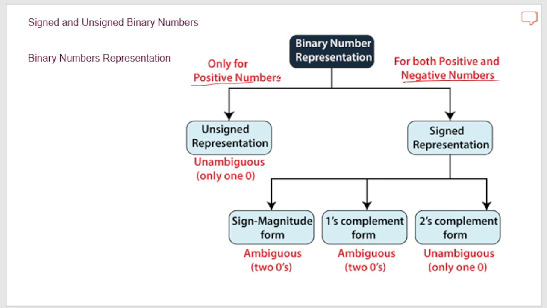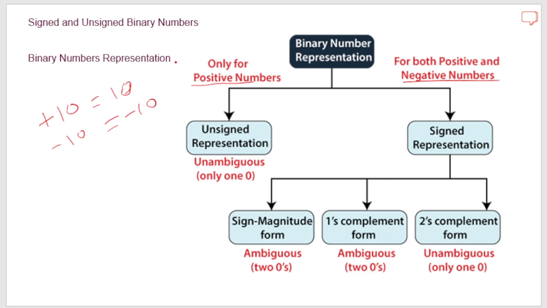For representing the sign in binary numbers, we require a special notation. In decimal, if I want to write positive 10, I will write only 10, but for negative 10, I write minus 10. So we use plus and minus signs here.